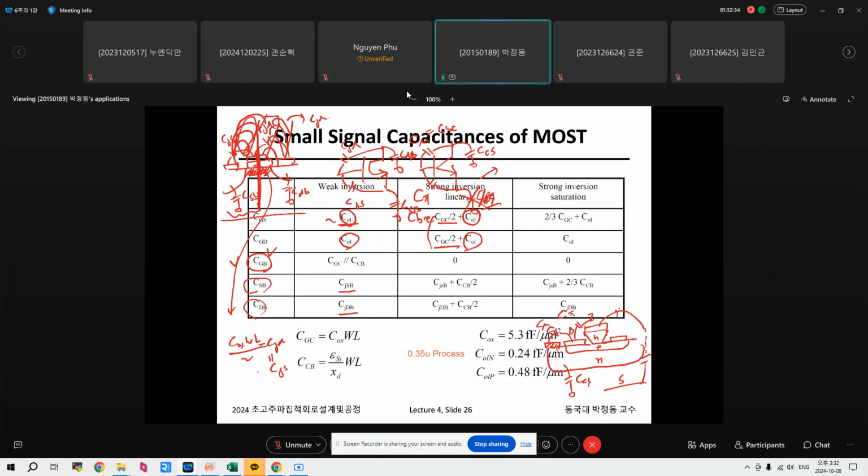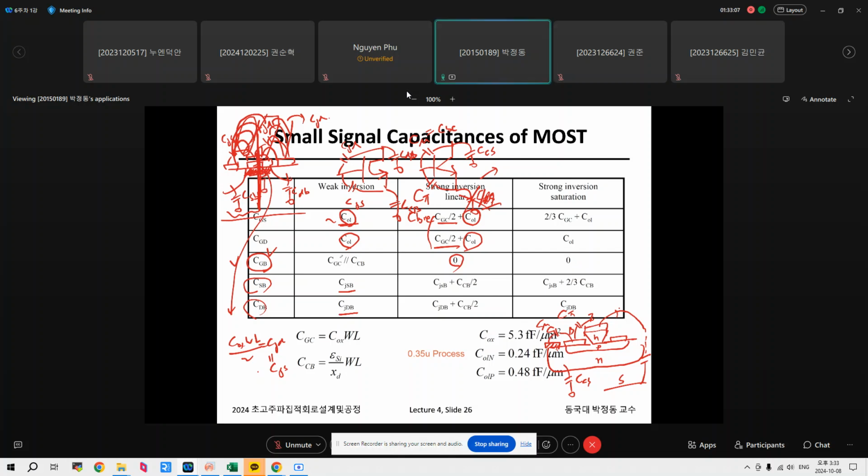Since there exists a conduction layer, we don't see any gate to body capacitance, so it becomes 0. There is no conducting capacitor at all, then you have these two, CGC and CCB, something like this.